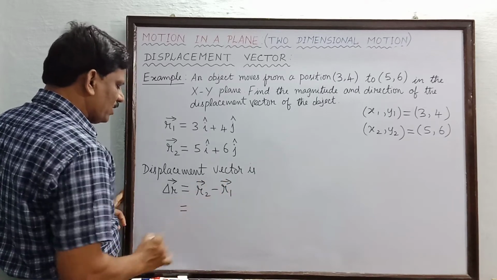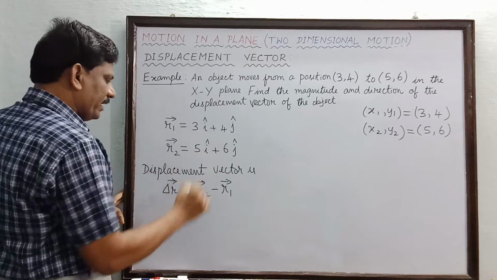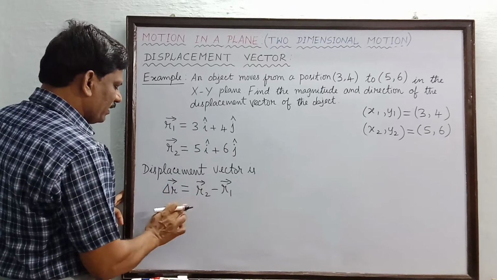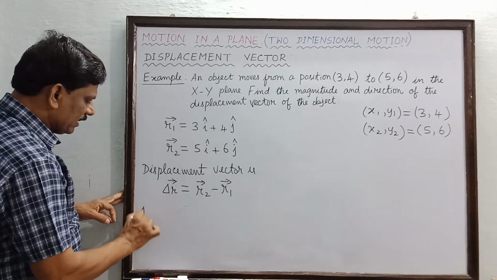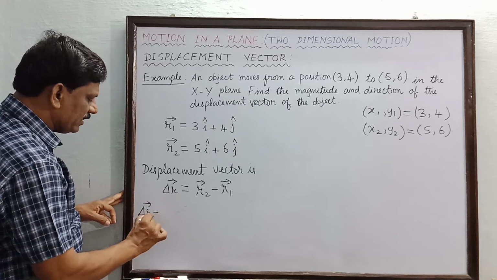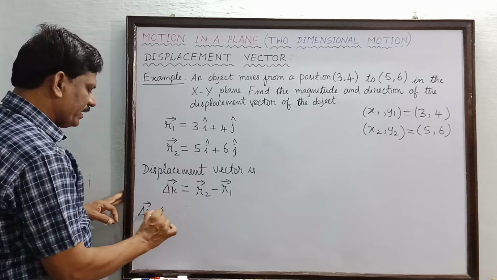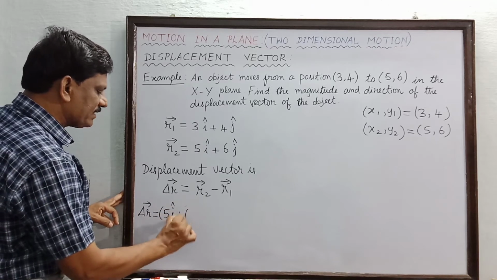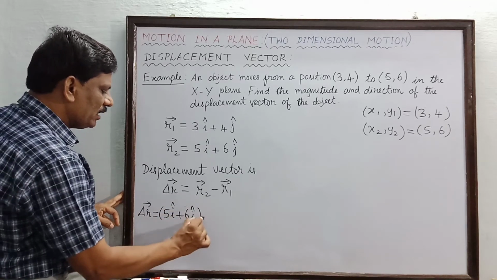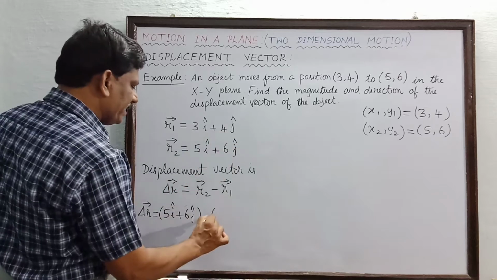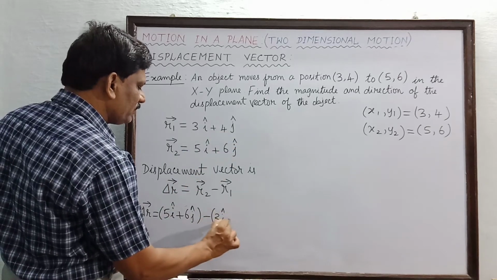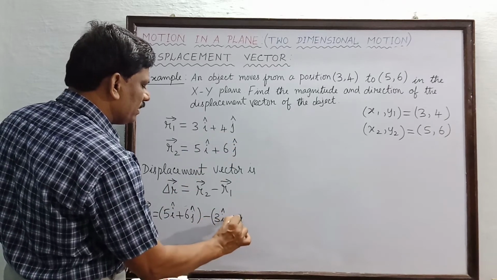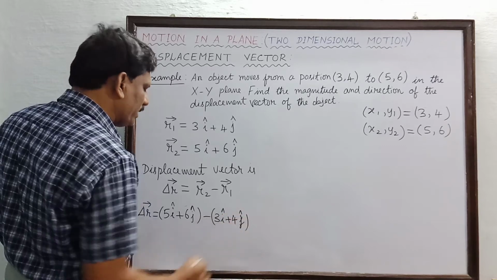So delta r vector is equal to, r2 vector substituted here, 5i cap plus 6j cap minus 3i cap plus 4j cap.